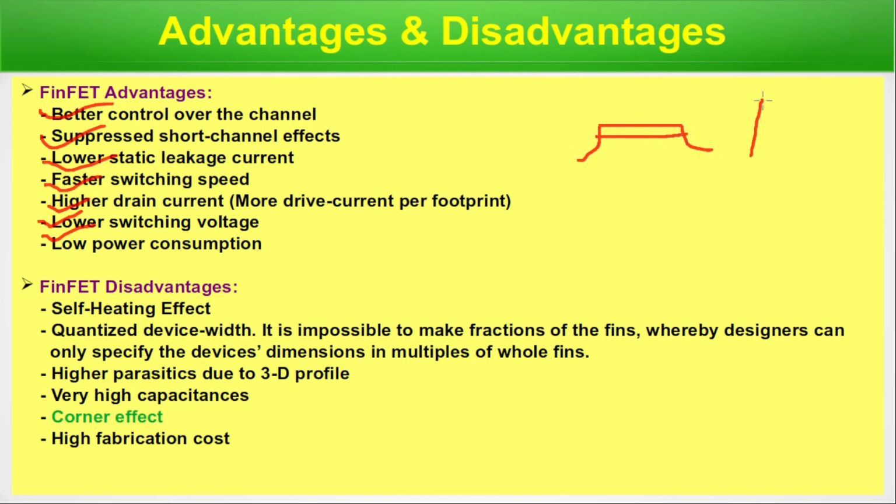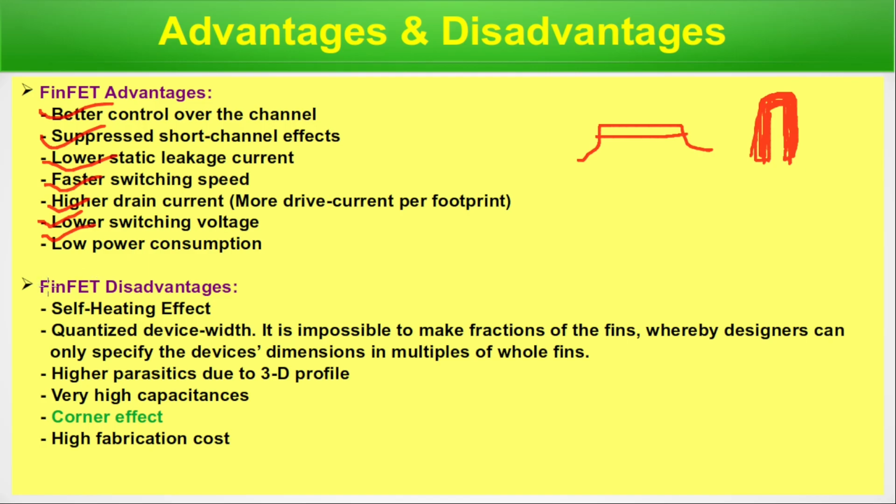Here in FinFET, channel formed from 2 sides, and in tri-gate FinFET, channel formed from 3 sides. So effectively, compared to the dimension, we are getting a much wider channel, right? More area is under gate control as a channel. So lower static leakage current, leakage is less, faster switching speed, higher drain current. Parameter wise, its performance is really good compared to the planar one.